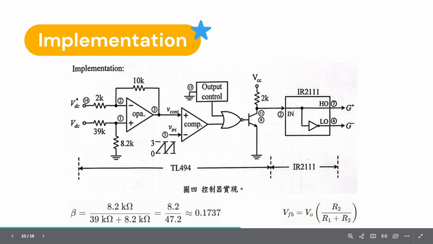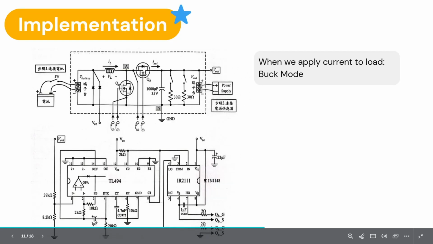Finally, we get the feedback ratio equal to 0.1737. With this feedback ratio, we can also calculate the feedback voltage, which equals the output voltage times the feedback ratio.